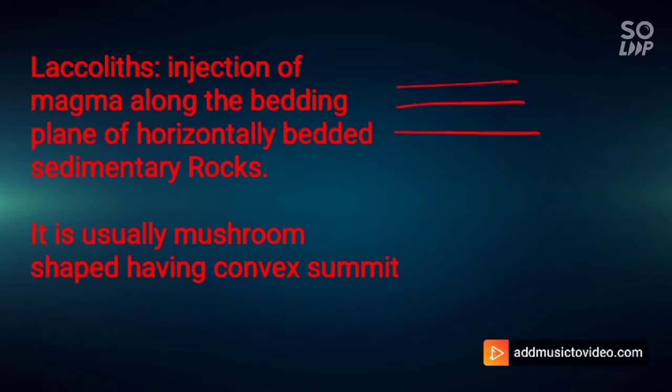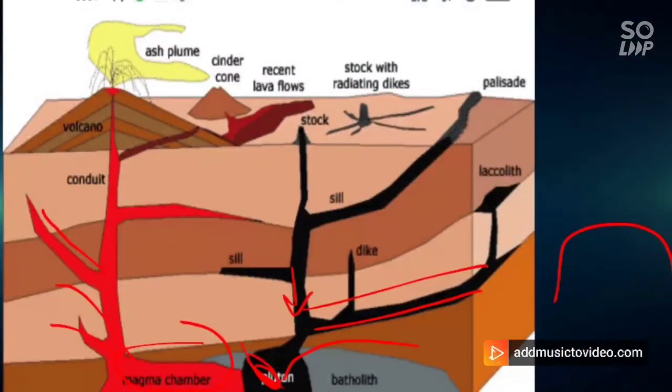When these two layers get attached, there may be some gaps in between. So whenever magma goes, it may get accumulated in this gap, and based on that you get different shapes. So here laccoliths are mushroom shaped.